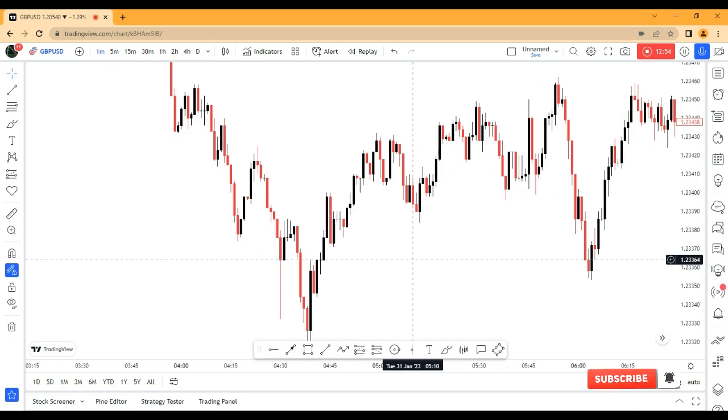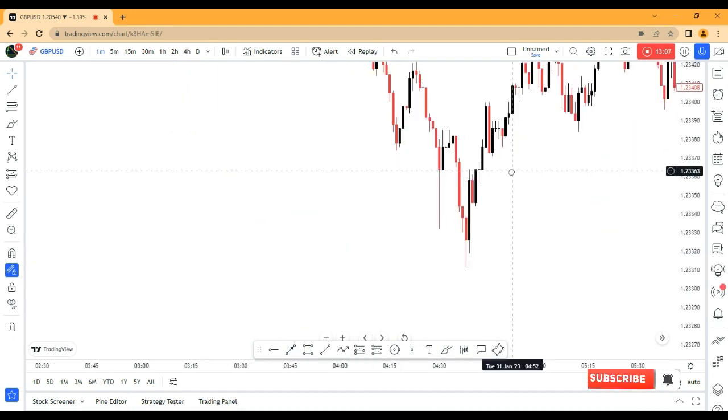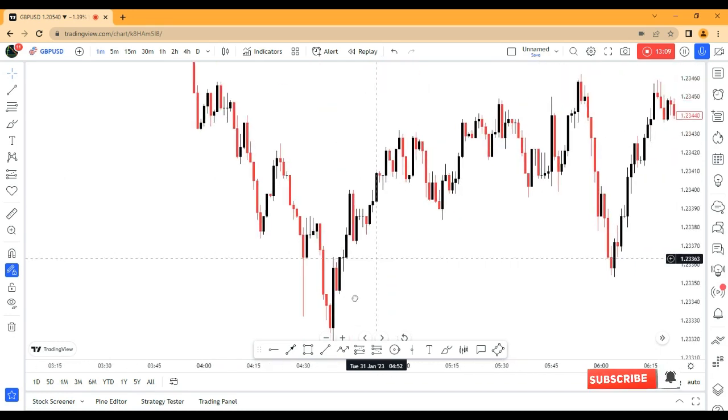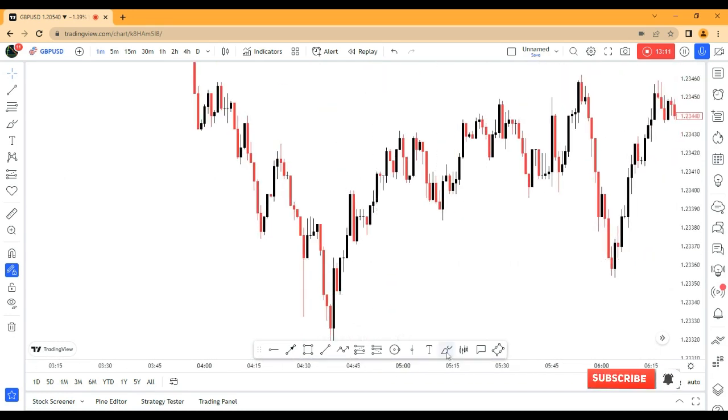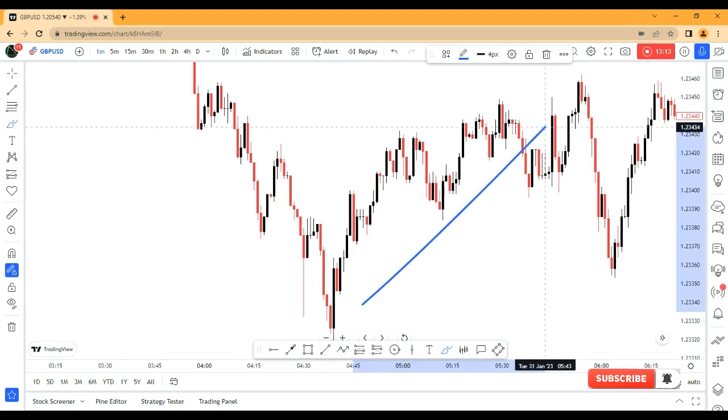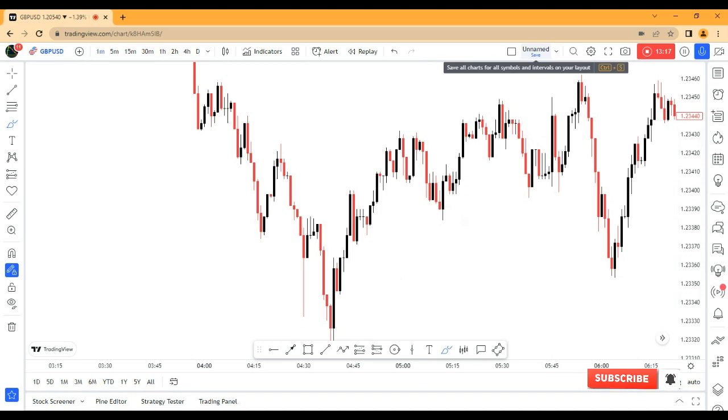So first of all, we'll be identifying our current market direction. That's our first step. The market direction we are taking is this particular structure here, and our market direction here is an uptrend.